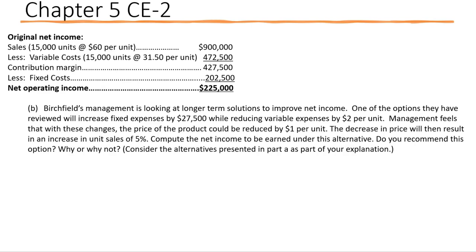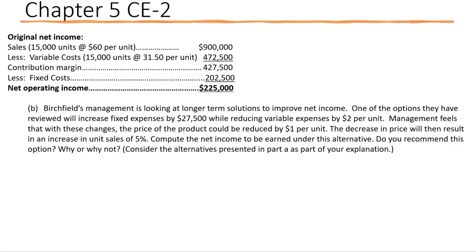So they might buy a new piece of equipment, and that would increase our fixed cost because depreciation would be higher. That would be one reason that fixed costs would go up. Not the only one, but in this example, we're going to assume that.